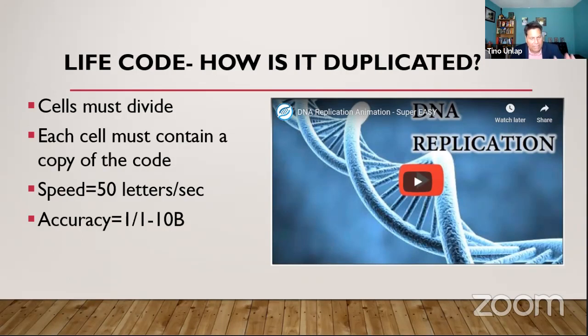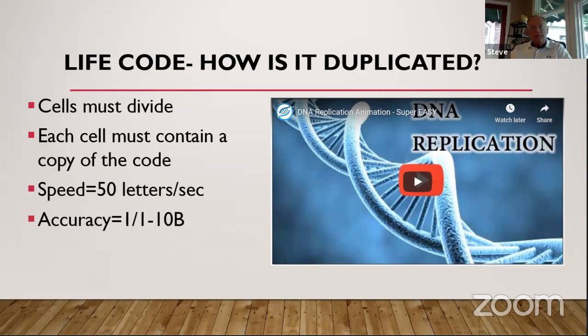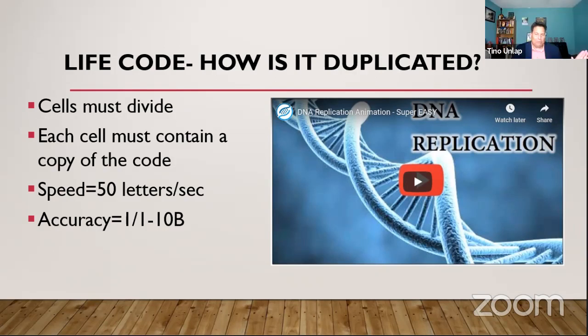Each one of these machines will copy this code about 50 letters per second. Now, remember, Steve, we say that each cell contains 3.2 billion of these letters, right? So how can we duplicate 3.2 billion if the machines are only working at 50 letters per second? That's going to take us some time.